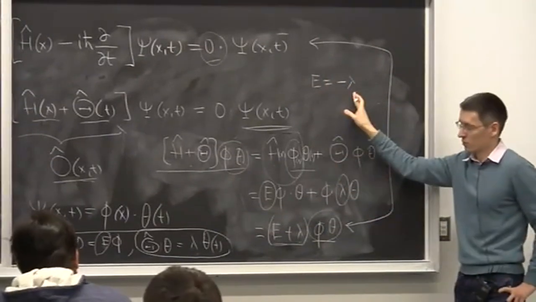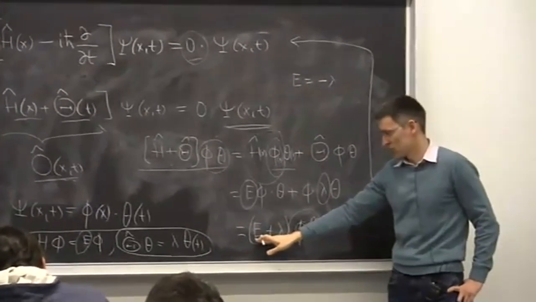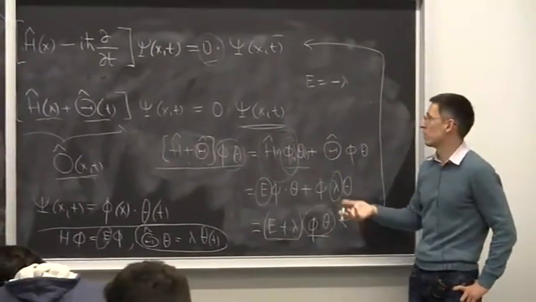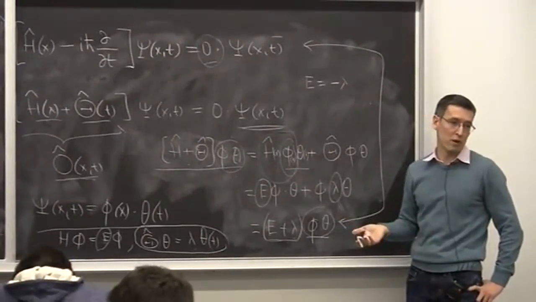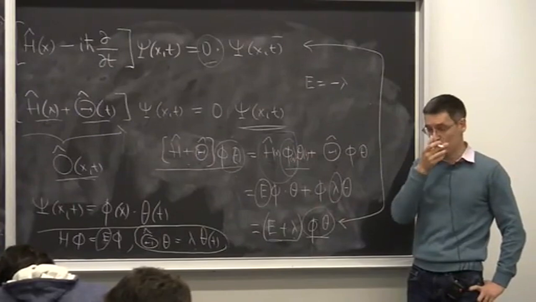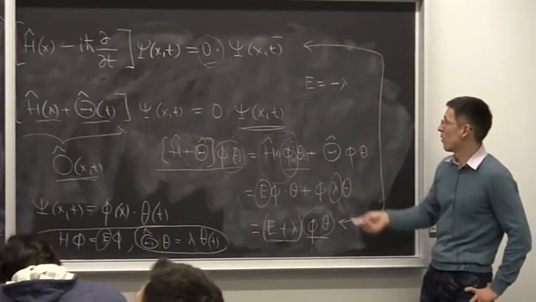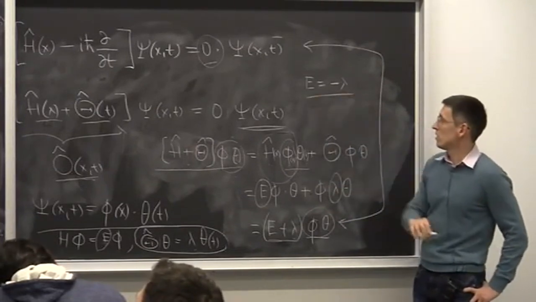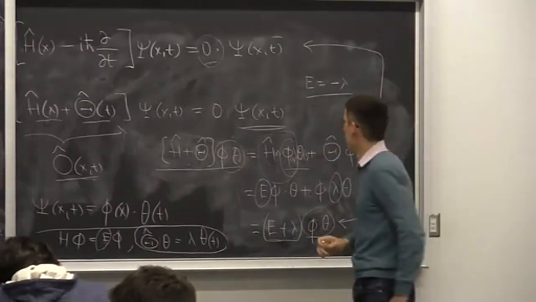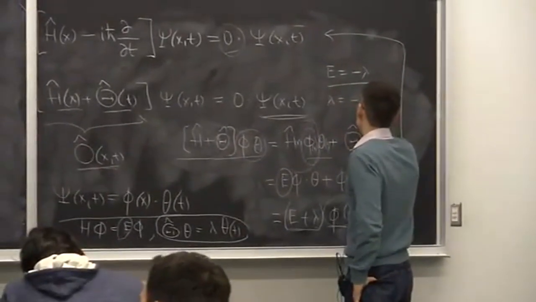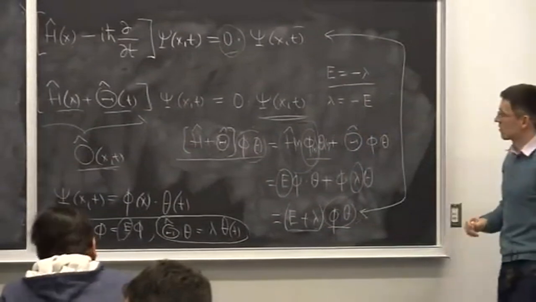If e is opposite to lambda, then when you sum e and lambda, you get 0, right? So you have one number equals minus another number, so you sum them together, you get 0. Very simple idea here. So e should be minus lambda, or you can think of lambda being minus e. That's exactly the same.